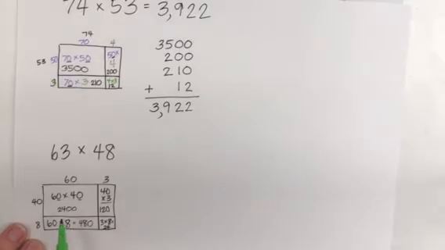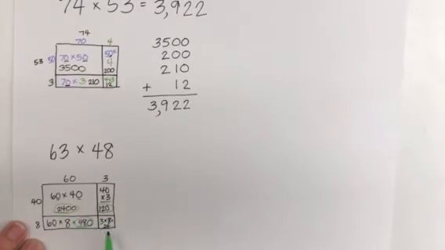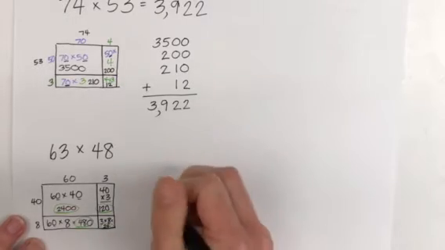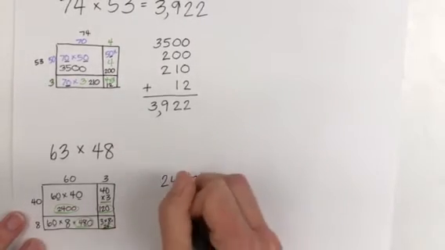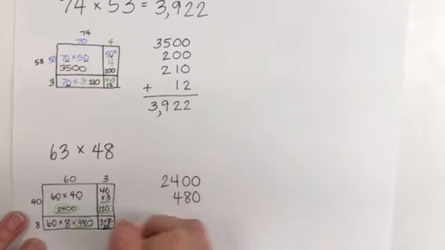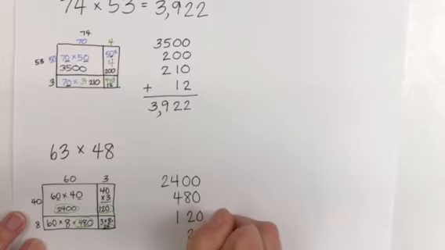All right, so now I need to make sure I'm adding all 4 numbers. So I have 2,400, 480, 120, and 24.